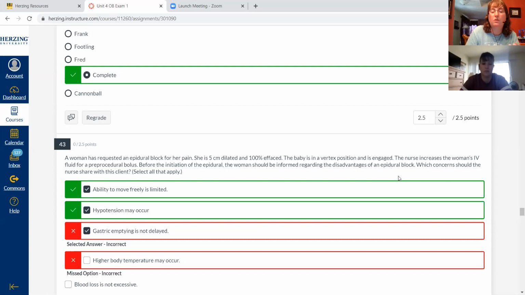So what would be some disadvantages? Your ability to move freely is limited. Hypotension can occur. And this is a weird one, but higher body temperature can occur with this. So this one you chose was wrong, and this one should have been correct.